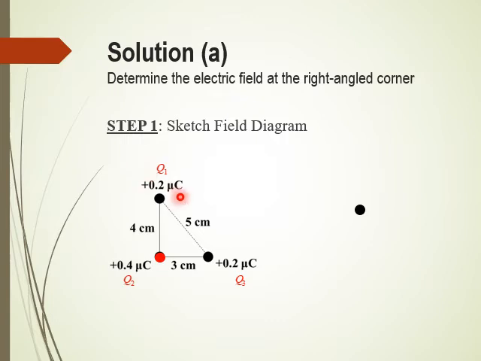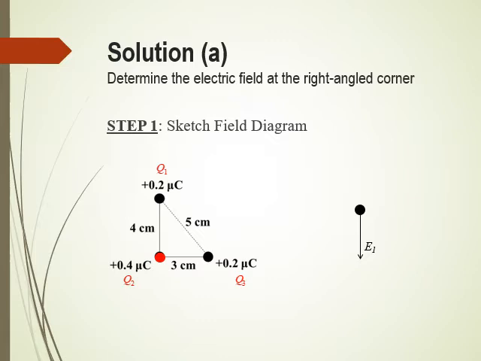Q1 is a positive charge. For a positive charge, the field line is leaving the charge, which means the field coming out from this positive 0.2 microcoulomb charge will be pointing downwards when it passes through the red dot in the original diagram. Therefore, the electric field line coming from Q1 is pointing downwards.